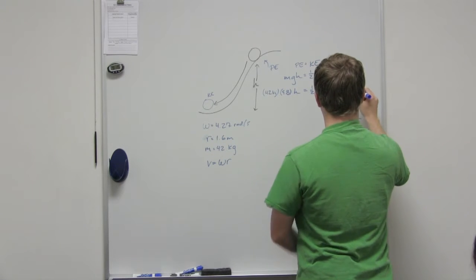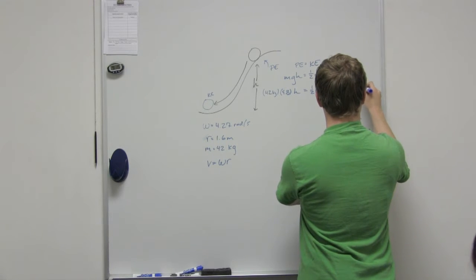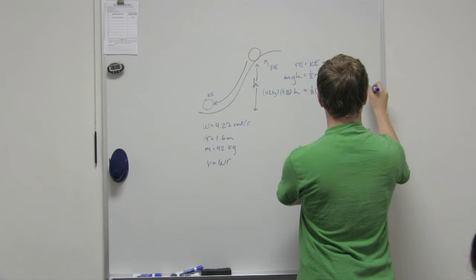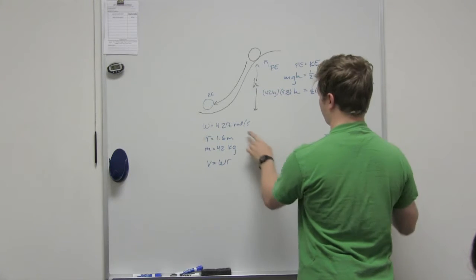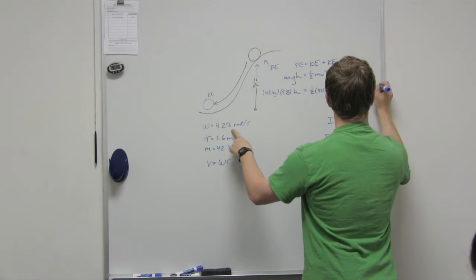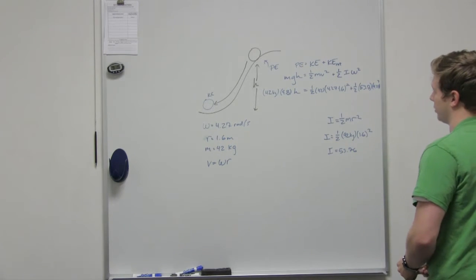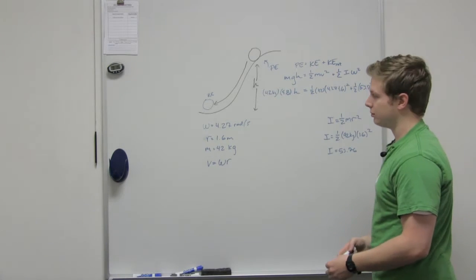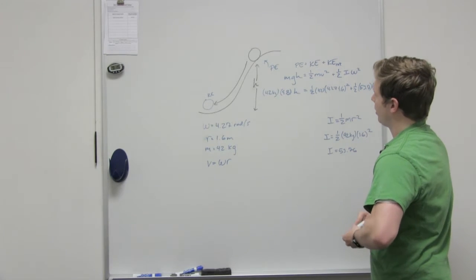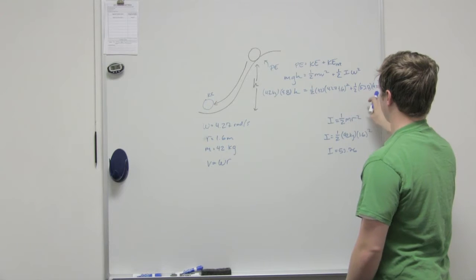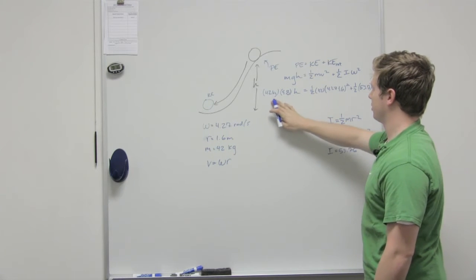Then we add our 1/2 moment of inertia, which we solved for 53.7, and then times our angular velocity. And make sure you square that guy. I'm running out of room, but. Okay. So then you just multiply this out, add it together, divide by this.